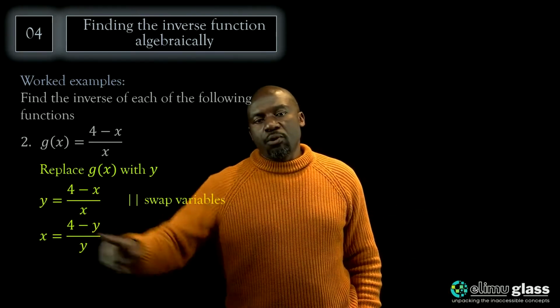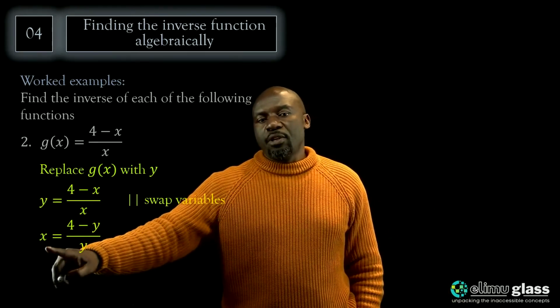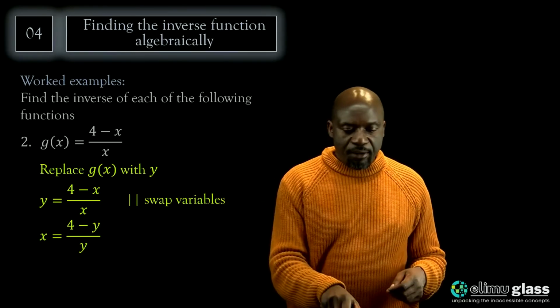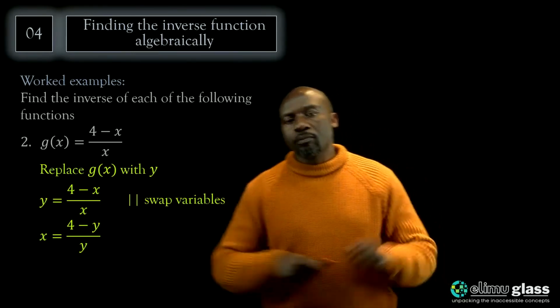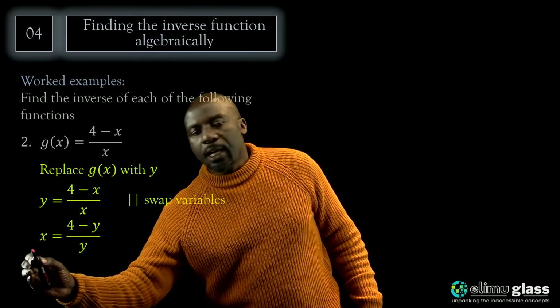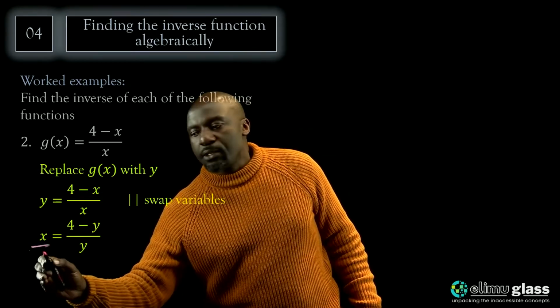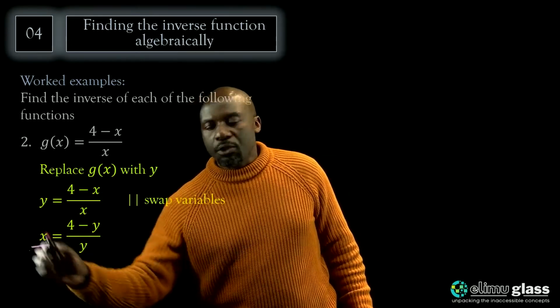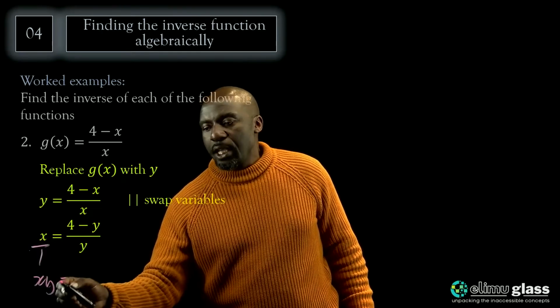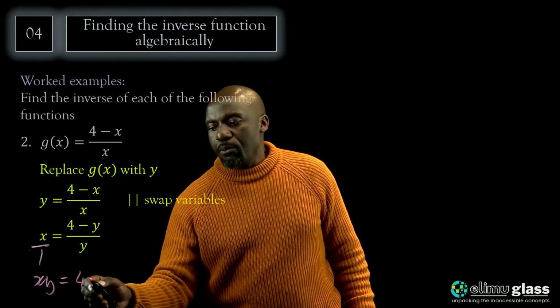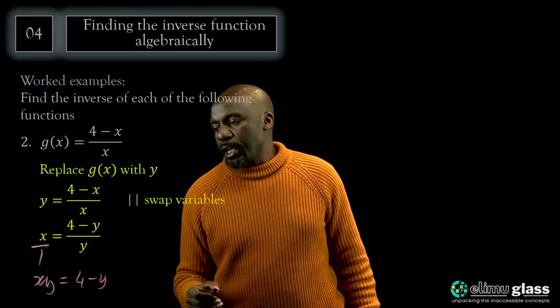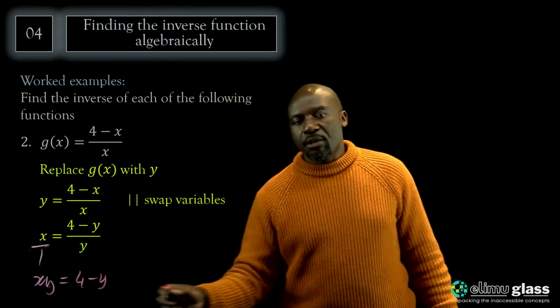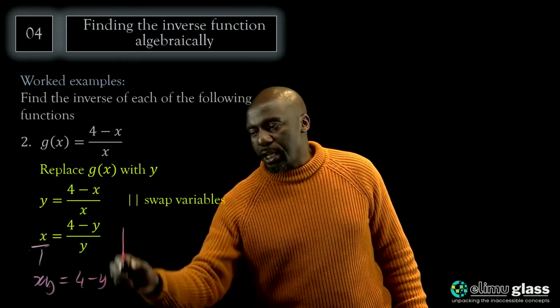To do that, we need to cross multiply, make this be over 1. So we have here now, this is x over 1. So if we cross multiply, we get xy equals 4 minus y. Okay, we are trying to make y the subject of the formula. I'll use this space here.